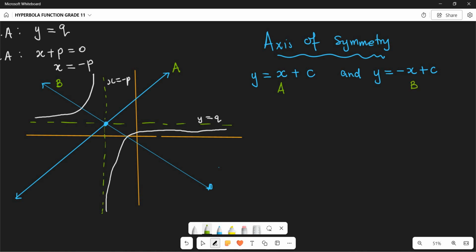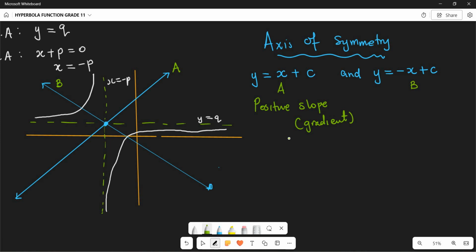The A graph has a positive slope. If you don't want to say positive slope, you say a positive gradient. At times in exam questions, they would specify which equation they need you to find or use.